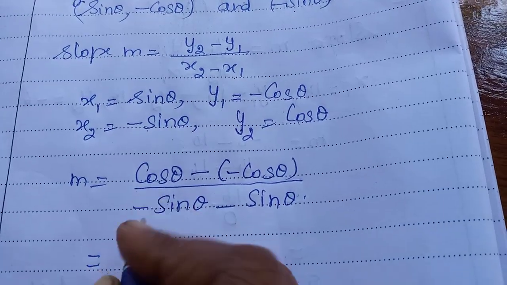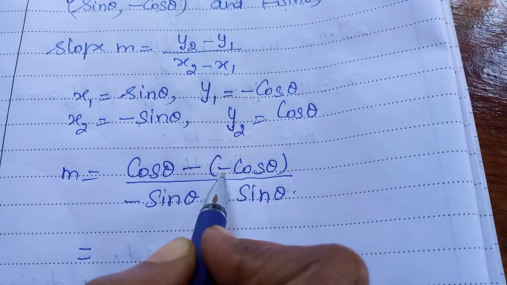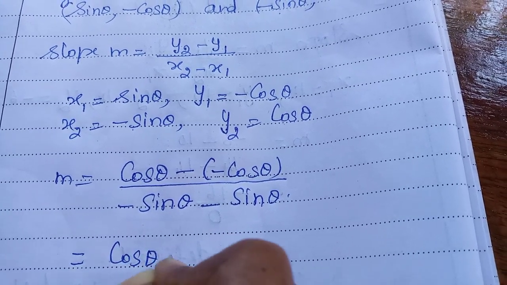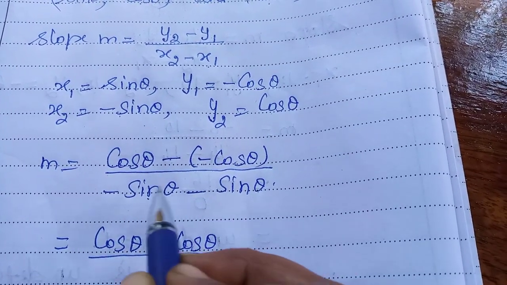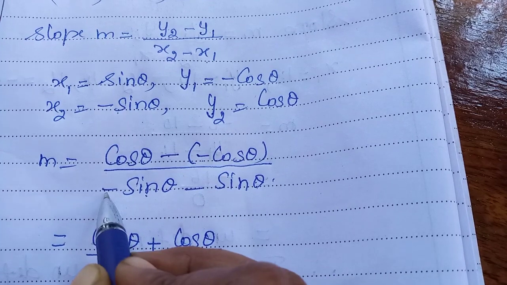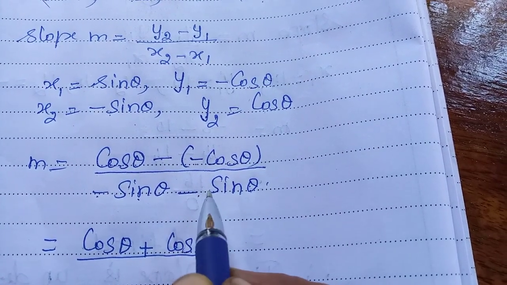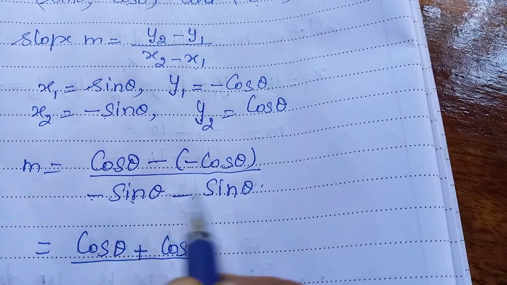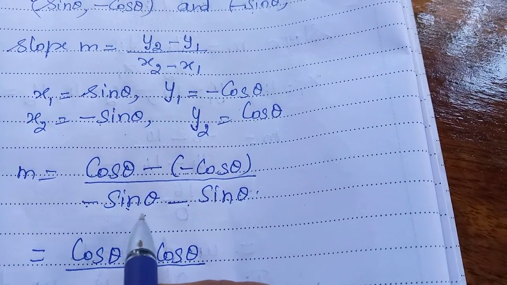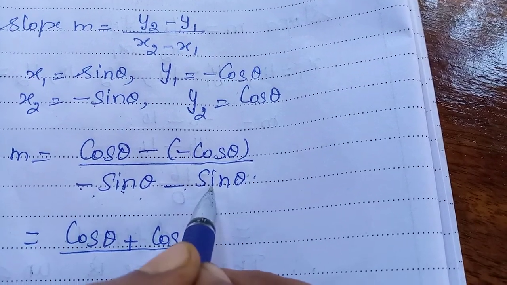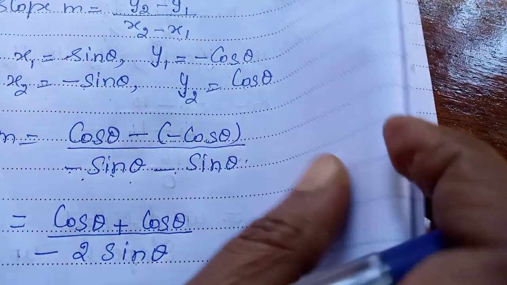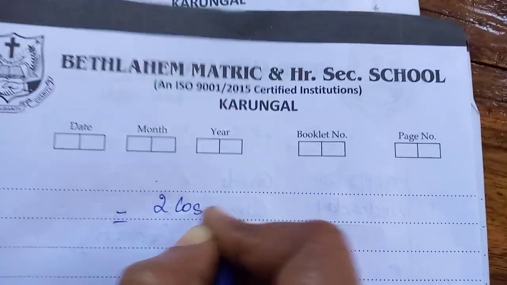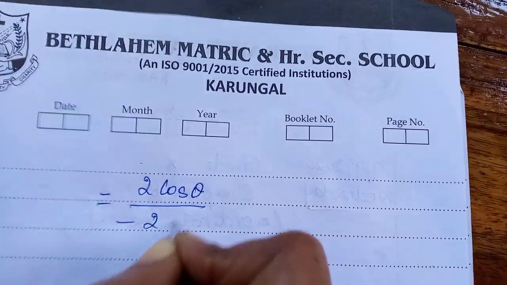That is equal to cos theta, here minus into minus plus, so cos theta plus cos theta, divided by, in the denominator also 2 terms are there, sin theta terms, like terms both also minus, so add and put the same sign. So 1 sin theta plus 1 sin theta we have 2 sin theta, so minus sin theta we have minus 2 sin theta. That is cos theta plus cos theta is 2 cos theta by minus 2 sin theta.